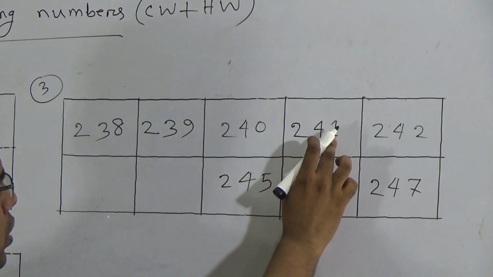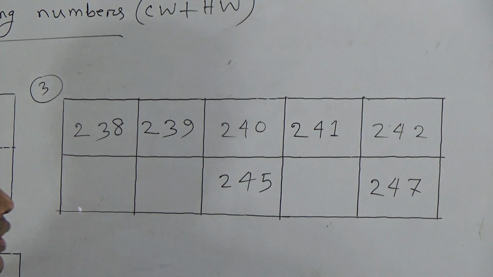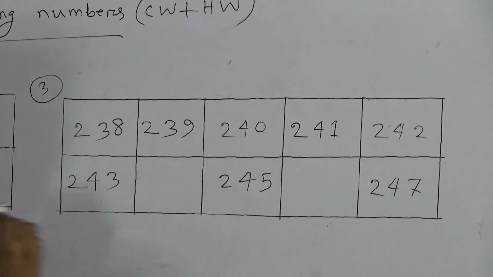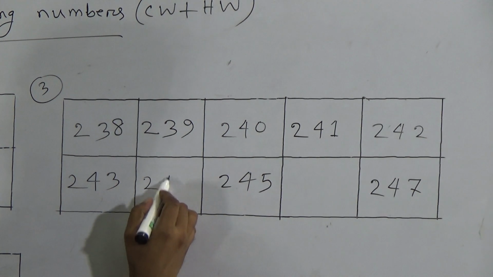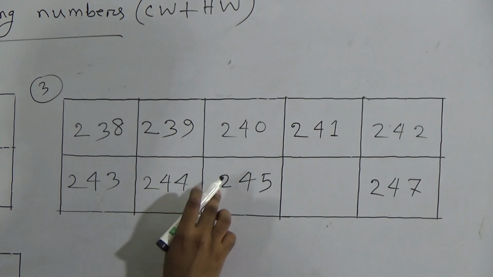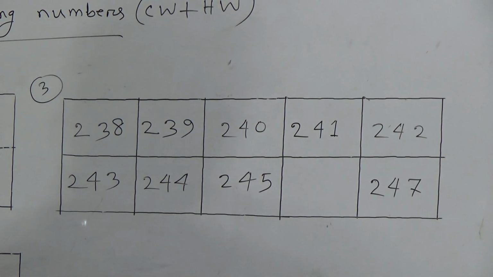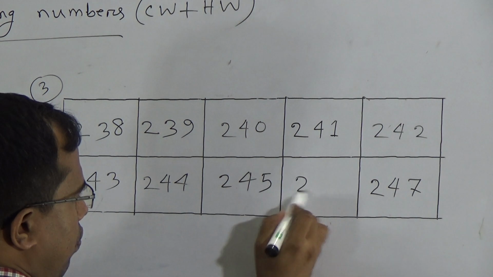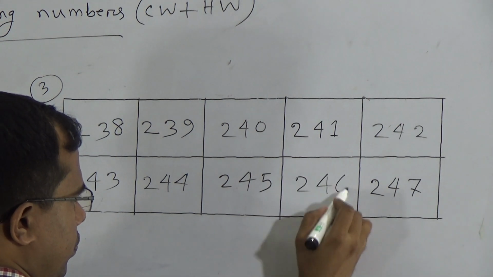After 241, 242 exists here, then 243 will come. 243. Then 244. 244. Here, after 244, 245 exists, and the next number of 245 will be 246.